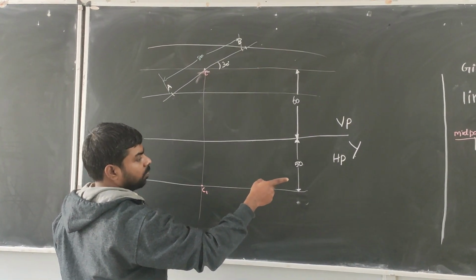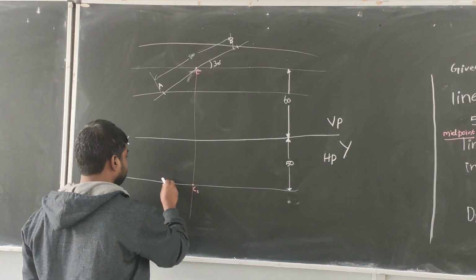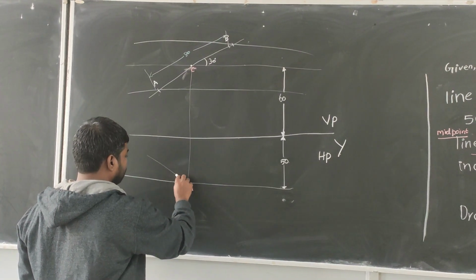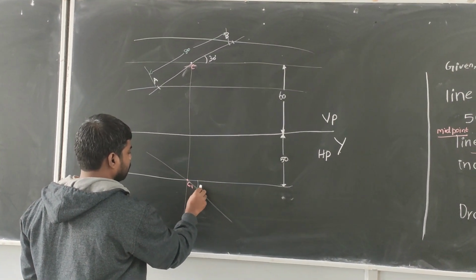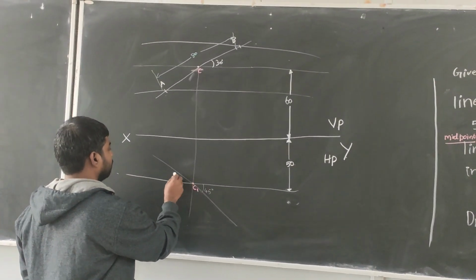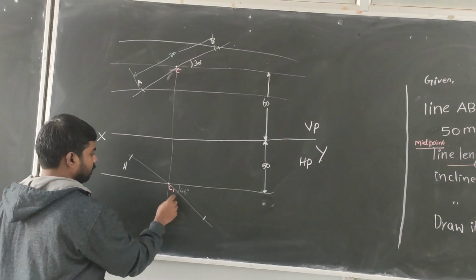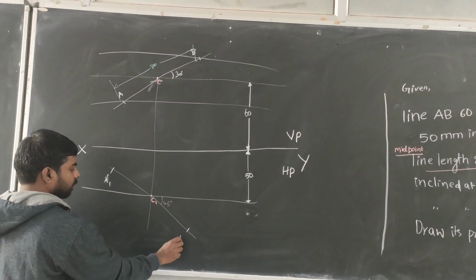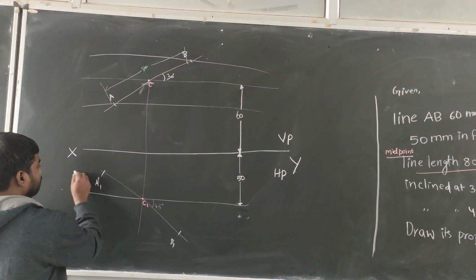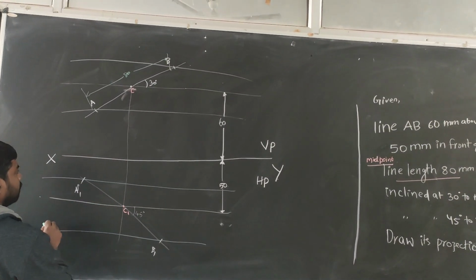Then we have the 45 degree inclination. Okay, then mark a 45 degree angle and make one line. Okay, so you know that the length is 80 mm, so 40 mm here one cut, and we call this A dash C1, right? Then we'll give A1 B1. Okay, then make a horizontal line from this one and this one, that's it.